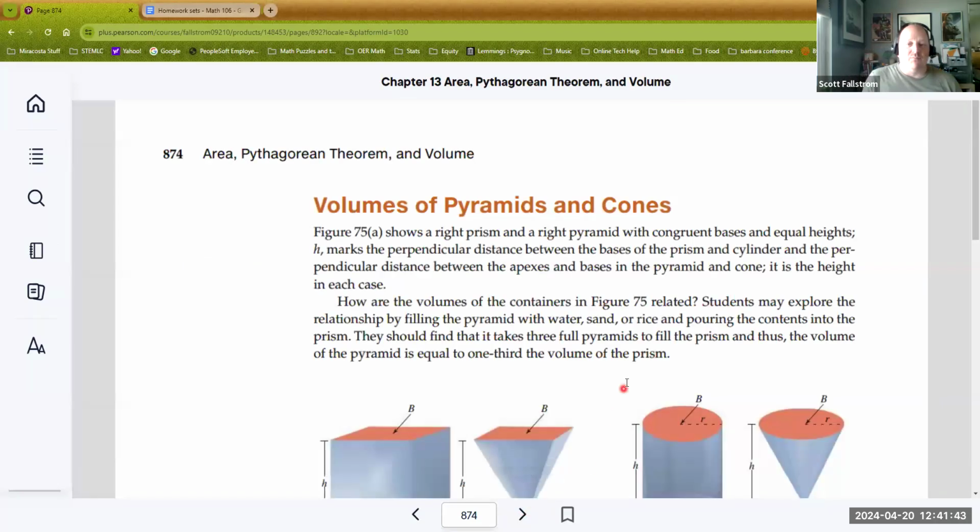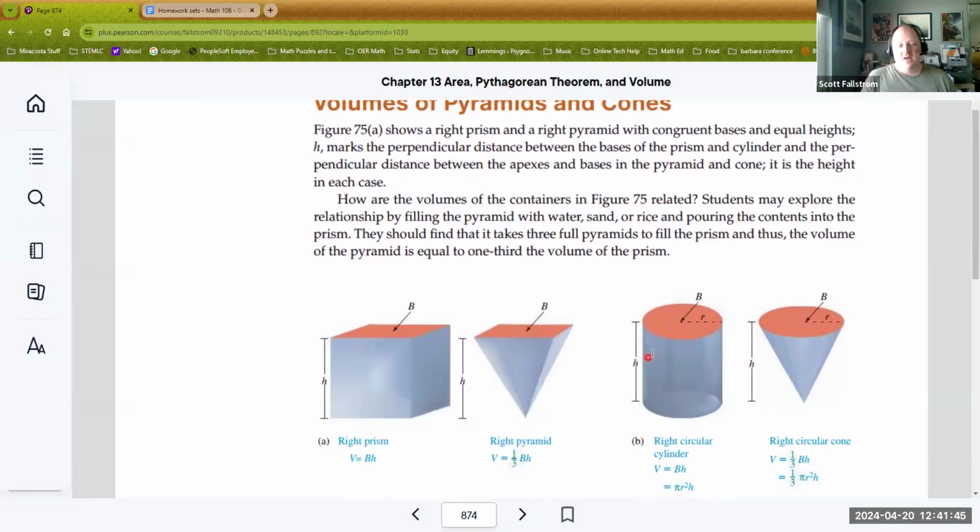Love it. Okay, volumes of pyramids and cones. This is a very interesting one. I'll do my best to make sure we can demonstrate this in class. What we're going to do is take one of these pyramids and pour it into the right prism, and we'll come up with a nice little relationship. How many of these right pyramids does it take to make a right prism?